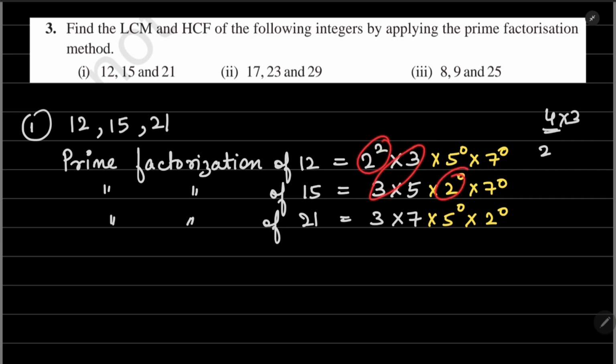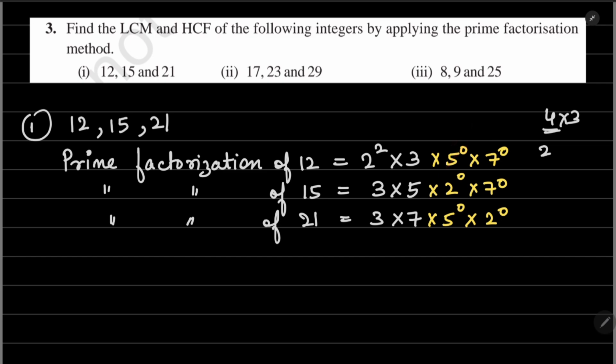Since we don't have 2, we added 2 to the power 0. Since 12 does not have a 5, we'll add 5 raised to the power 0. You make sure every number has all the factors: 2, 3, 5 and 7. Whichever number is raised to the power 0 is 1, so it does not change anything.